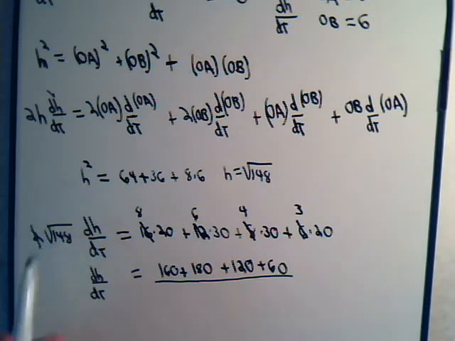Now divide both sides of the equation by the square root of 148, and that is what dh/dt will be equal to.